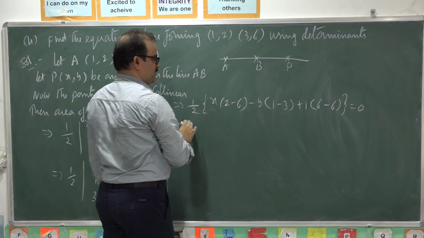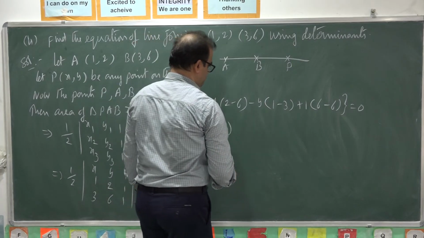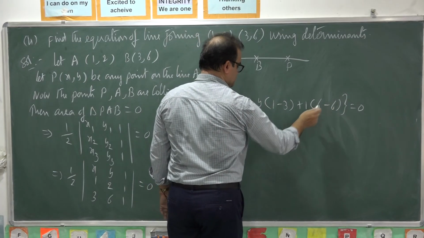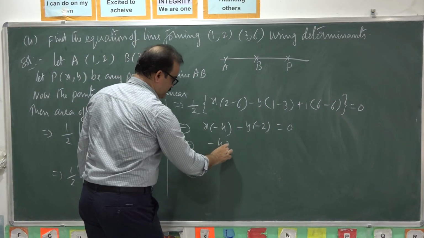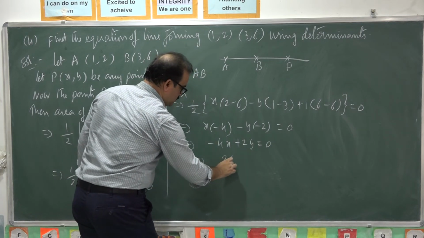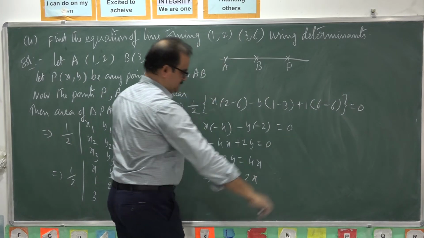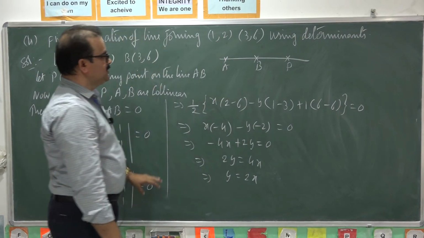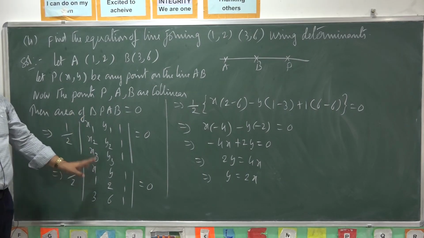Take this 1/2 to the right hand side, that becomes 0. x into minus 4 minus y into minus 2 plus 0, that is equal to 0. Minus 4x plus 2y is equal to 0, or 2y is equal to 4x, or y is equal to 2x. This is the equation of the line joining these 2 points A and B. In this way, by using determinants, we can find the equation of the line joining any 2 points.